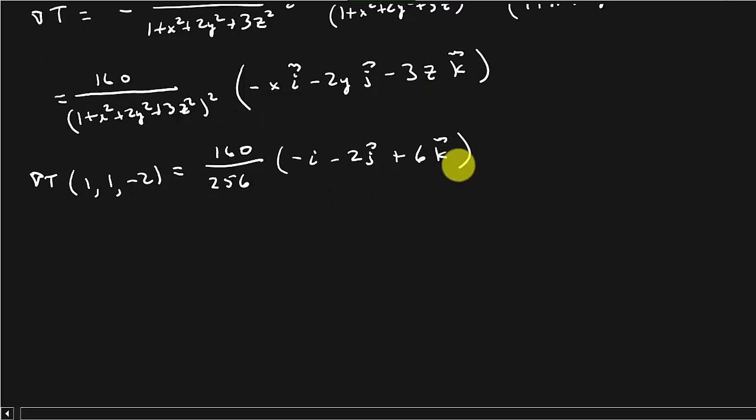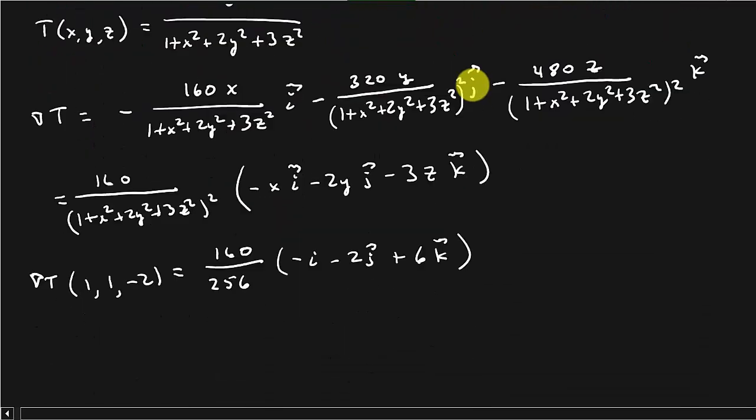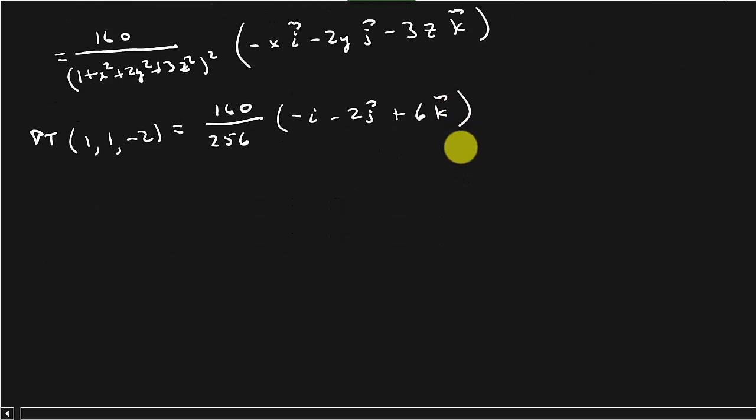And what did they ask for? In which direction does the temperature increase fastest at that point? And what is the maximum rate of increase? Well, there you have it. It increases, and look, the 160 over 256 will simplify to 5/8, so 5/8 times (negative i minus 2j plus 6k).